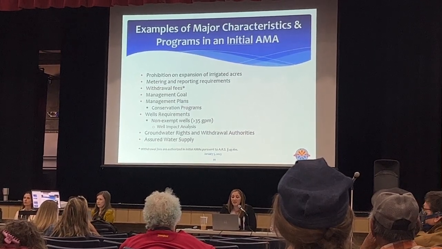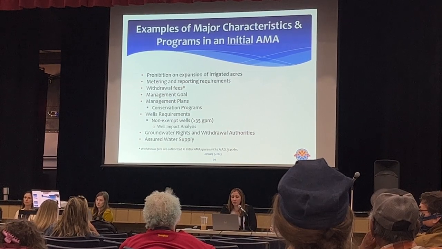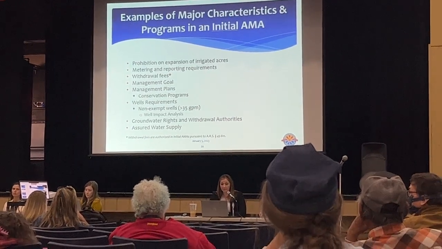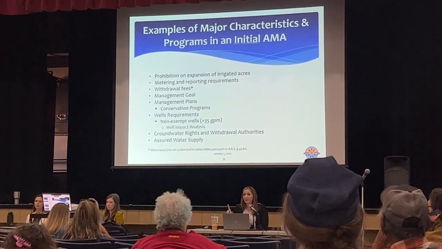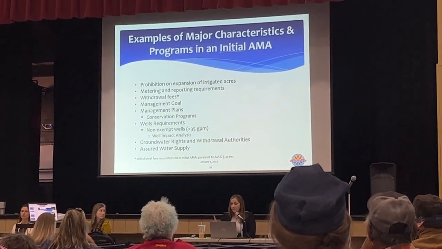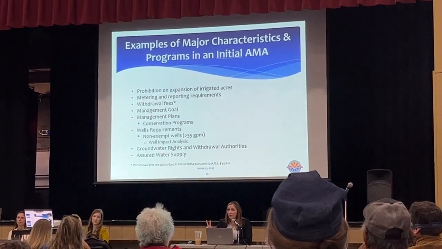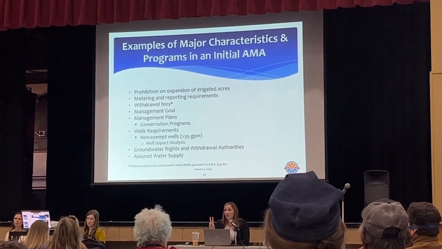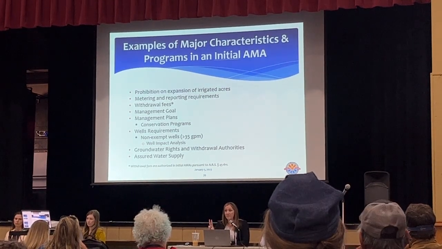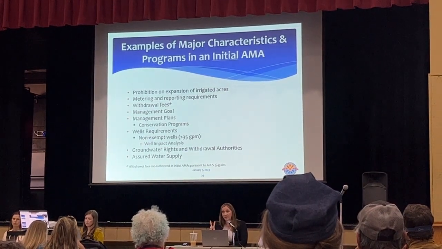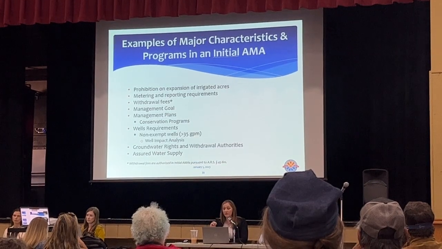The list here is not comprehensive, but we did want to work through some of the major items. Like I said, there's a prohibition on the expansion of irrigated acres. There are metering and reporting requirements. All water users who withdraw water from a non-exempt well have to meter from that non-exempt well and have to submit annual reports.